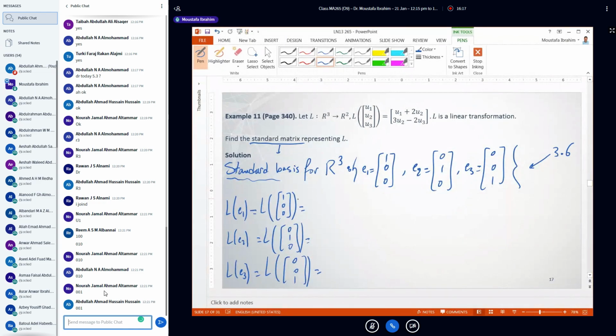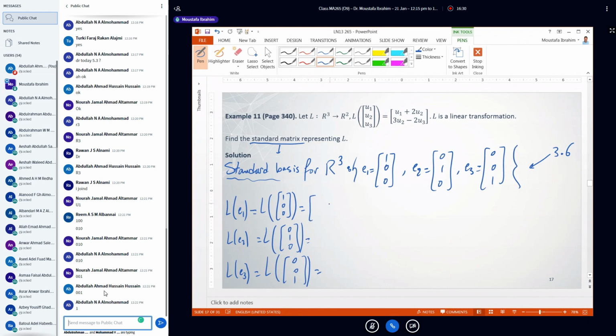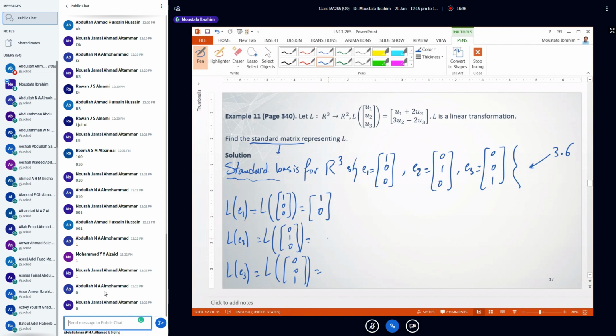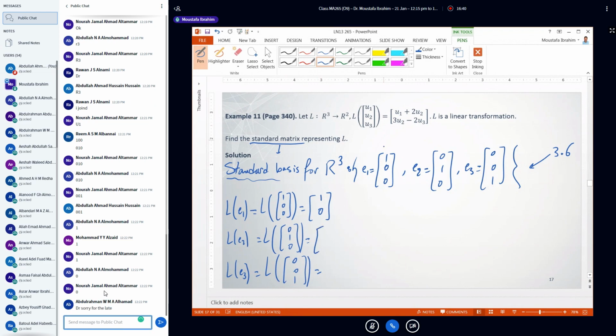What's the output of this one? Look here. We have u1 equal 1, u2 0, u3 0, correct? So find how many u1 we have in the first component here. How many u1 do we have? 1. Here, how many u1? 0. Now, we have to look at u2. We have only 1 u2. So how many u2 do we have?